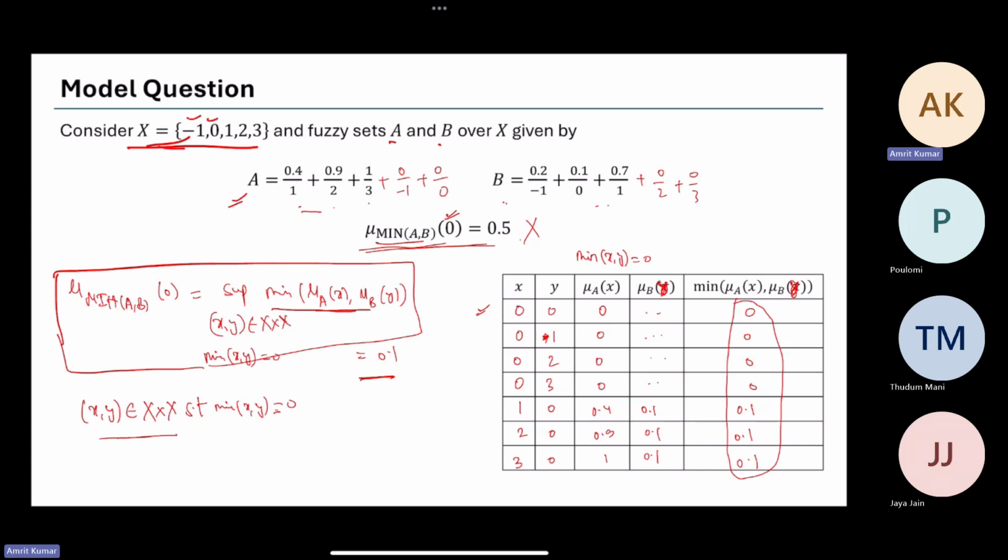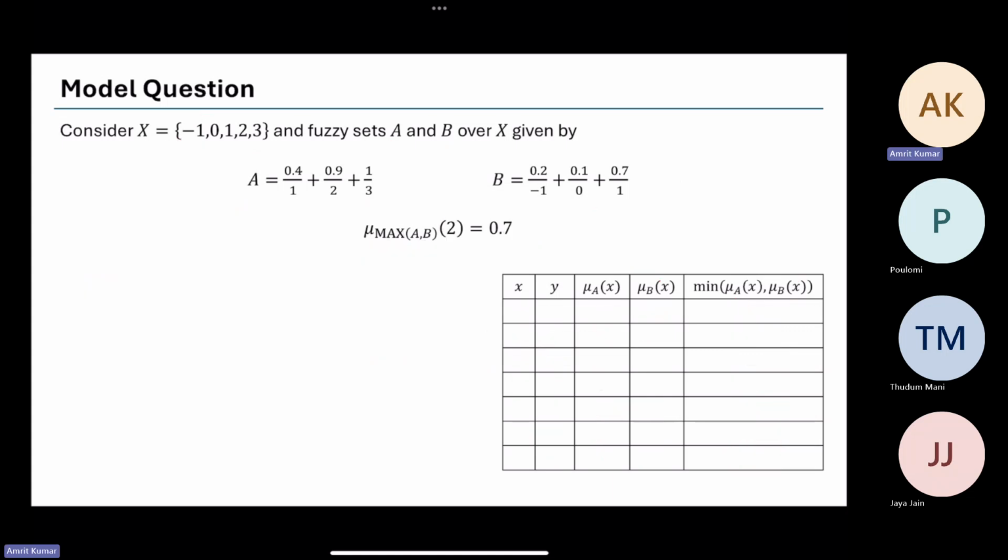So we first find all such pairs x comma y such that minimum of x comma y is 0. So we had these 7 cases. And in all those 7 cases, we computed this minimum of mu A of x and mu B of y. And then we simply took the maximum, supremum, which in this case is maximum only, right? So this is how you should evaluate membership values.